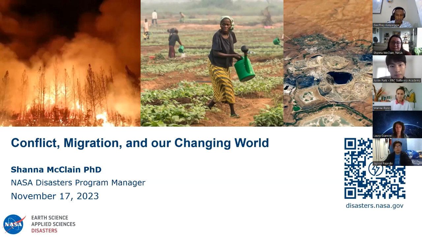Prior to NASA, I worked for a number of years for the United Nations, specifically for a specialized unit managed jointly between the UN Office for the Coordination of Humanitarian Affairs, UNOCHA, and UNEP, the Environment Program, where we focused largely on environmental emergencies, including technological, radiological, and industrial disasters and accidents.